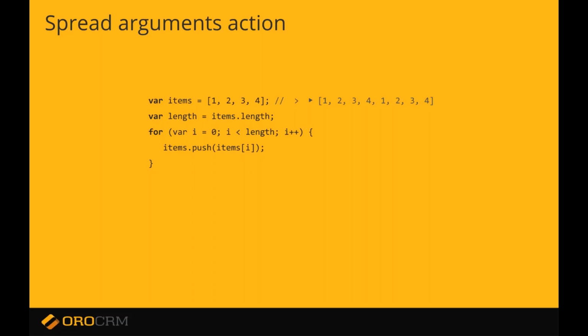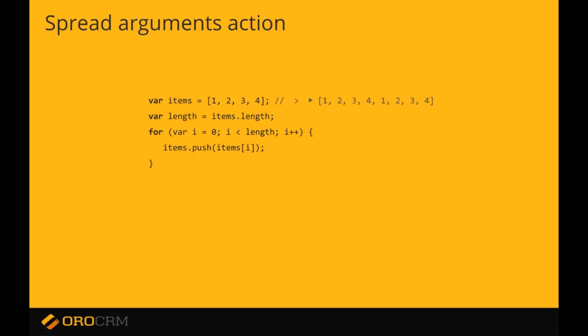For example, let's say we have an array with 4 elements, a known number of elements, and our goal is to make this array twice longer. So we have to push each element to the array one more time to get that array twice longer.